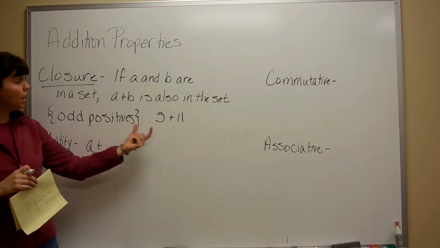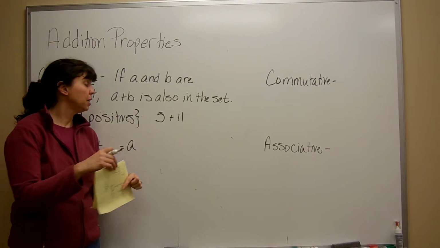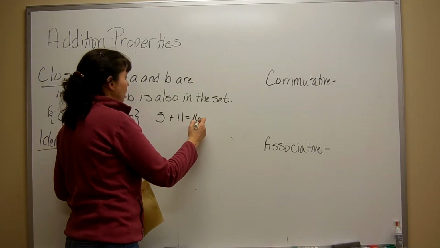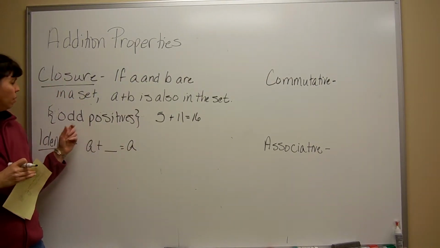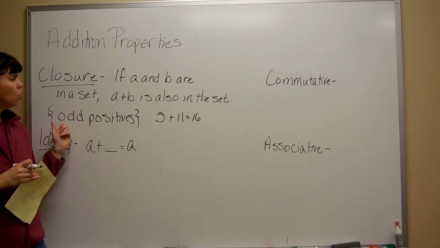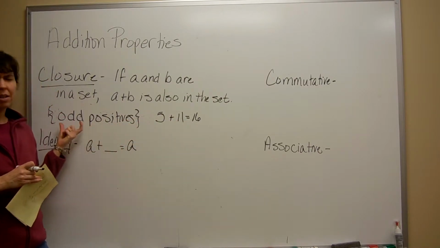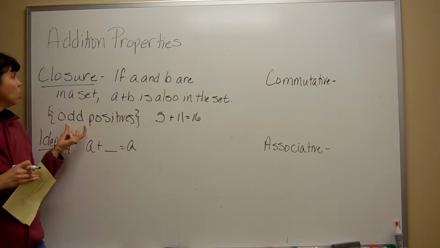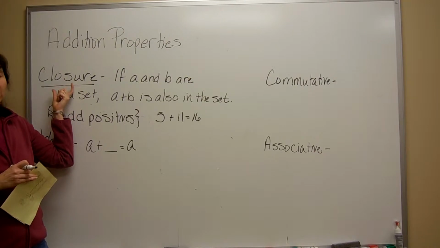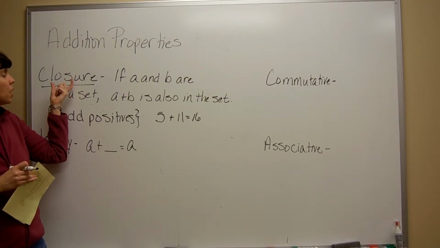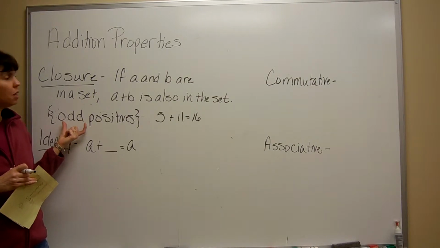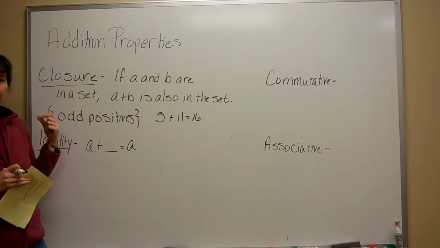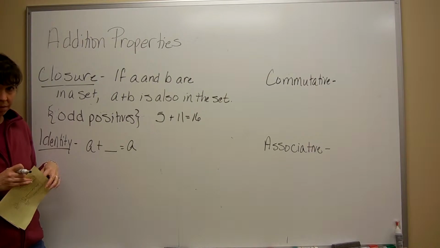Now when I add them together, 5 plus 11 is, oh wait a minute, it's 16. Well, that's positive, but it's not odd. So my answer is not part of the set that I started with, so it would not be considered closed. Closure for addition does not hold for odd numbers because my answer is not part of my original set.